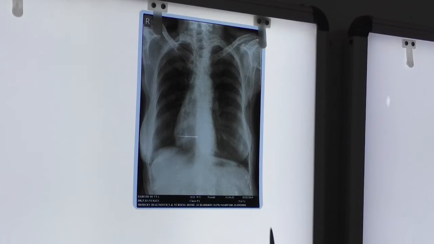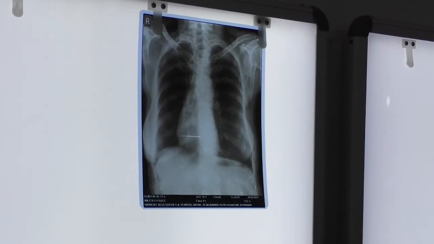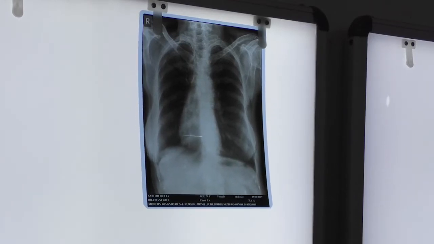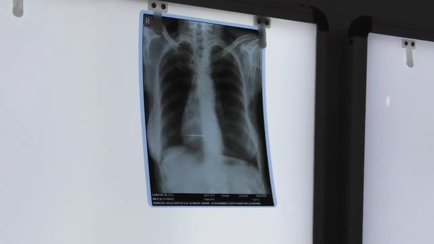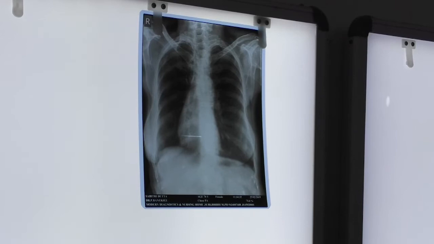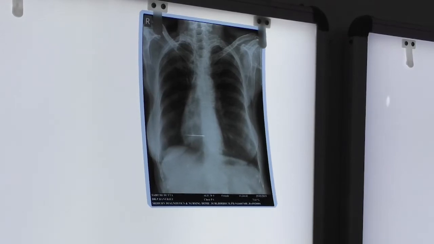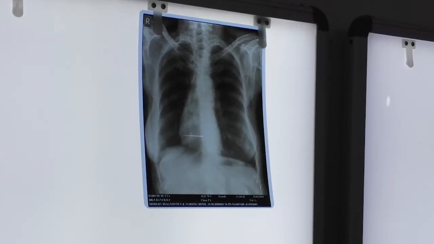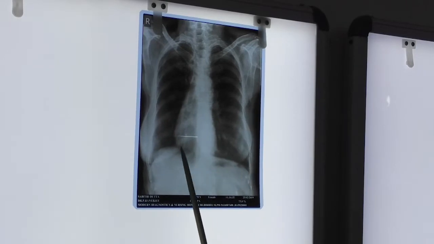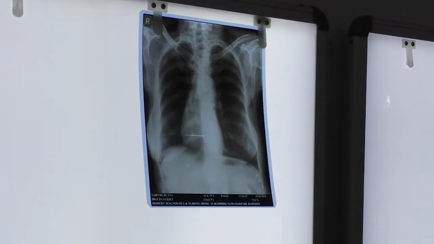And second, dextrocardia is in many cases, though not mandatory, associated with situs inversus.